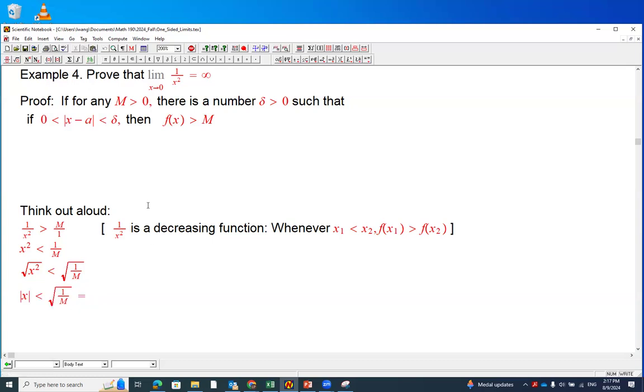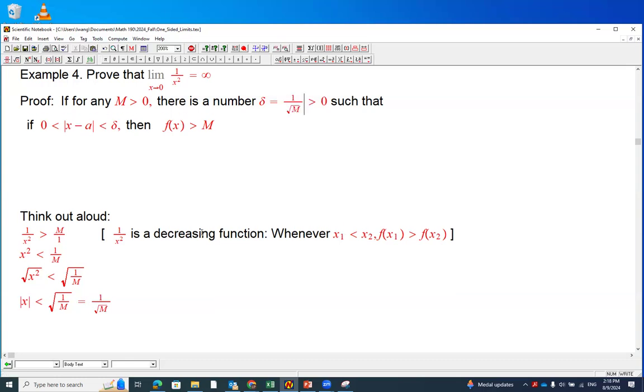You can also write it as 1 over the square root of capital M. So here we go. For any capital M larger than 0, our delta is chosen to be 1 over radical M.